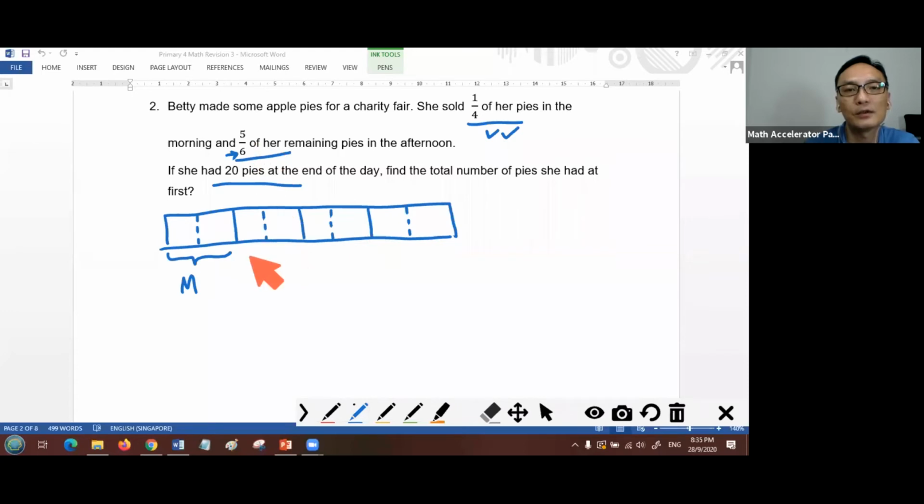So out of 6, we have to allocate 5 of them for the afternoon, right? I put A for afternoon. If she had 20 pies left at the end of the day, so here is 20. So can I give you 2 minutes, can you let me know what's the final answer?